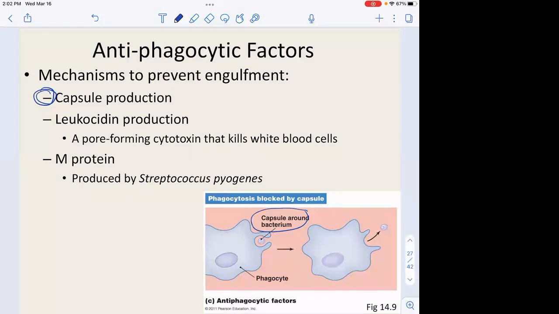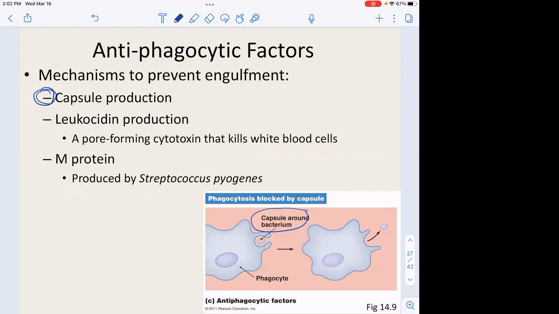Okay, so again, our immune system has a way, like we find this a lot: we phagocytose, the bacteria has a strategy against that, and then we have another strategy against the capsule. So it's kind of an arms race.